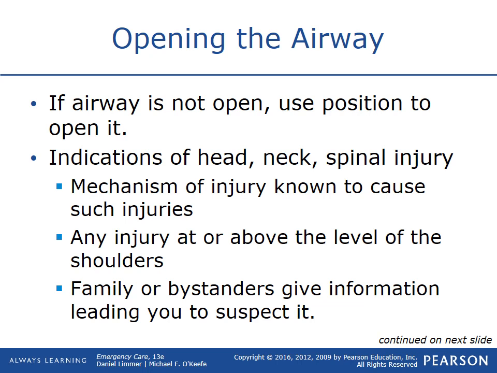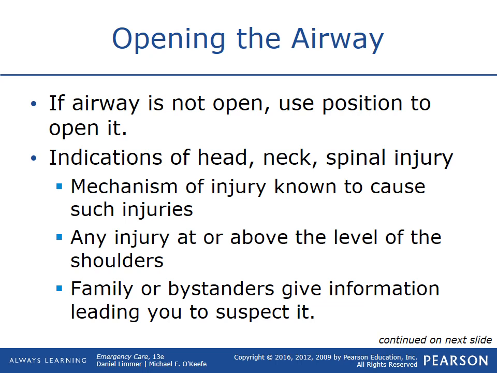There might be some possibility that they have head, neck, or spinal injury, and these are based on the mechanism of injury. Maybe they fell from a roof or were hit by a car.